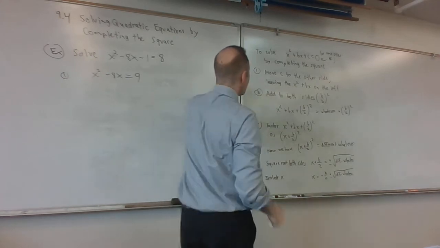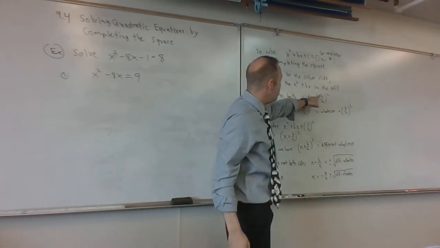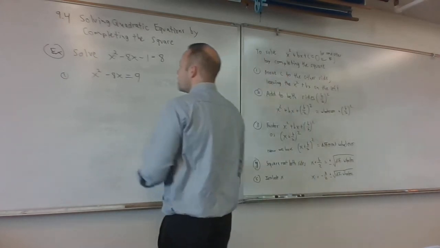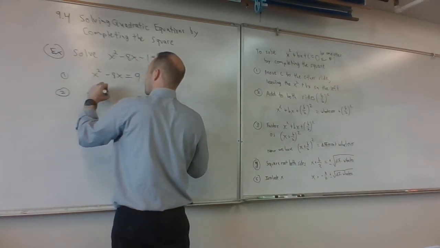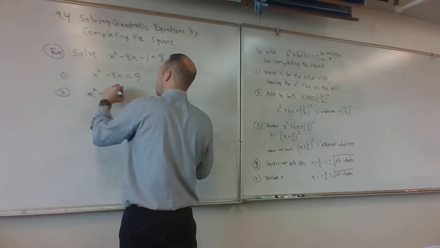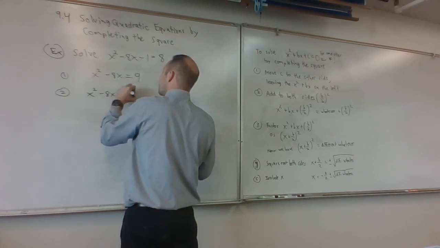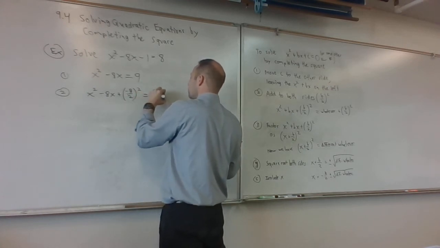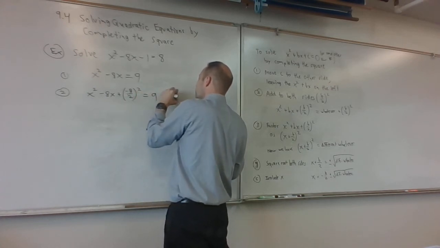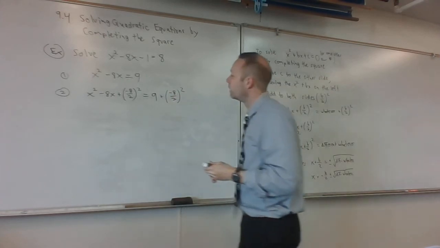All right, nice. Now I'm going to add to both sides b over 2 squared. This is my step 2. I'm going to have x squared minus 8x plus negative 8 over 2 squared equals 9 plus negative 8 over 2 squared.